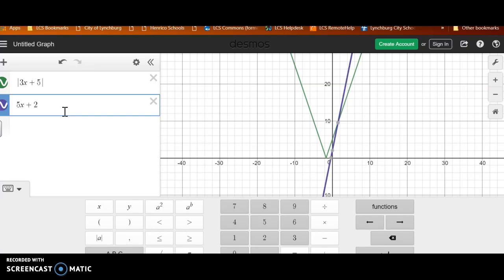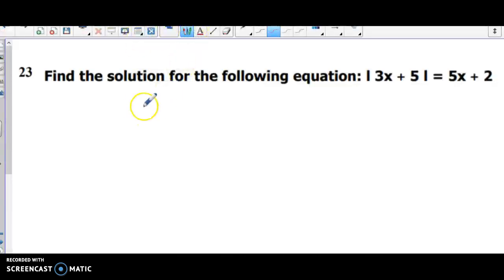So we've got a line and we've got a graph. So we can actually physically see where they intersect each other. It's really nice. It gives it to us there. Our solution there is 1.5. So our answer here is 1.5, which is the same thing as 3/2.